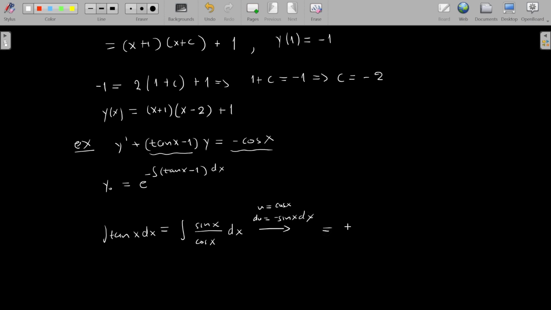And this integral is now going to be written as minus du over u, which is nothing more than minus ln of u, and u is cos of x. So we know what this is.